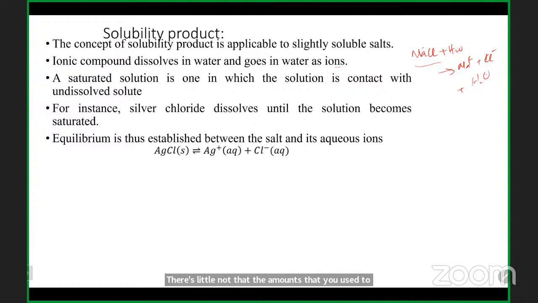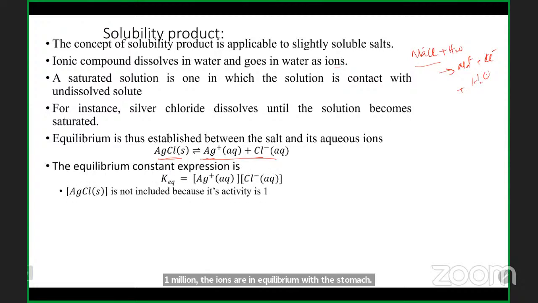So some solids, for example AgCl, go into water and do not completely dissociate, meaning that the ions are in equilibrium with the solid. The equilibrium constant expression for this is in terms of the aqueous ions, and solid AgCl is not included.